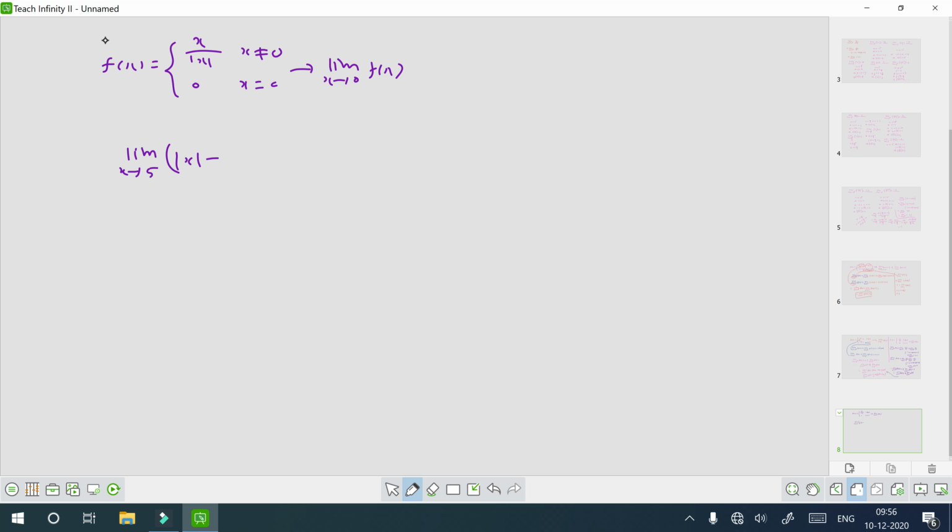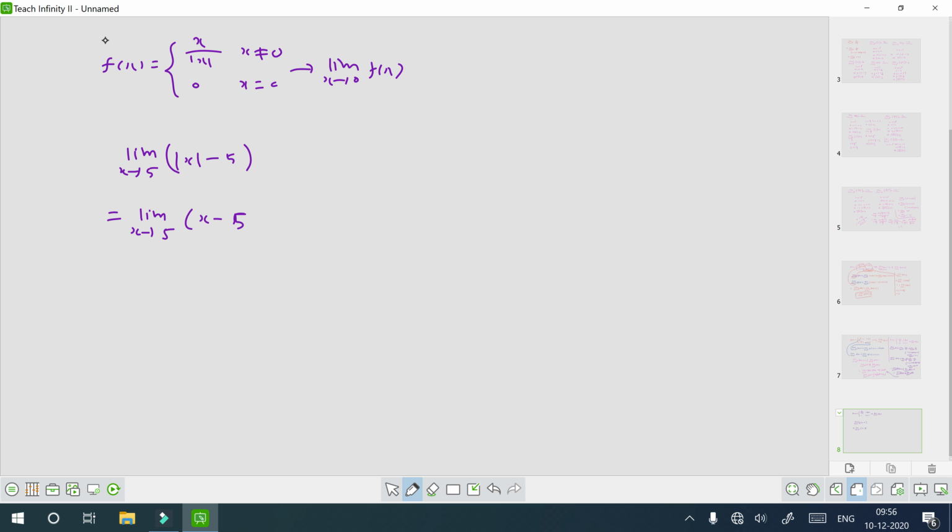Let us see limit x tends to 5 of magnitude of x minus 5. Now see, modulus is there. See, x tends to 5. That is equal to limit x tends to 5 of x minus 5.